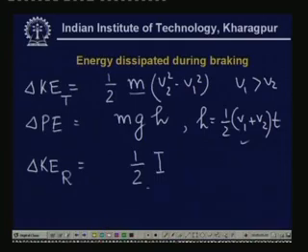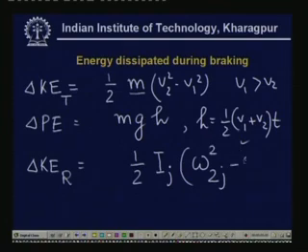So, for the jth component, let us say this is Ij, and the change is omega 2j, that is the angular speed of the jth component after braking, minus omega 1j, the angular speed of the jth component before braking, squared. So, this is the change in rotational kinetic energy of the rotating parts.